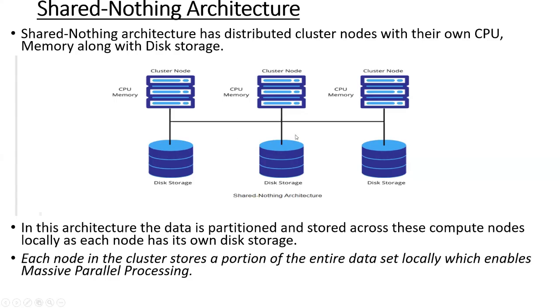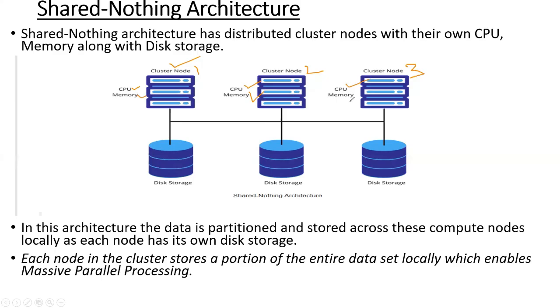If you see here, these are the cluster nodes that we have. Maybe we can say cluster node 1, cluster node 2 and cluster node 3. Each cluster node has its own CPU and its own memory. Similarly for cluster node 2, and similarly for cluster node 3.